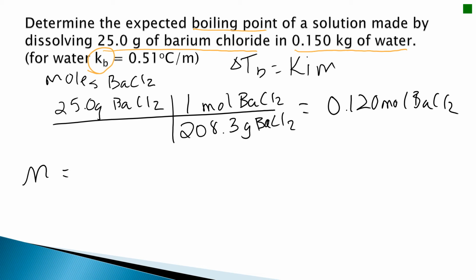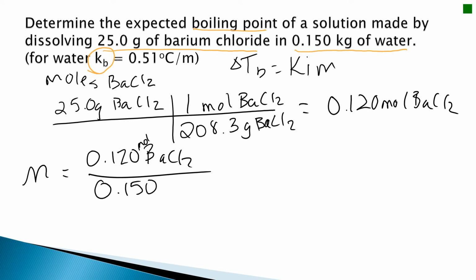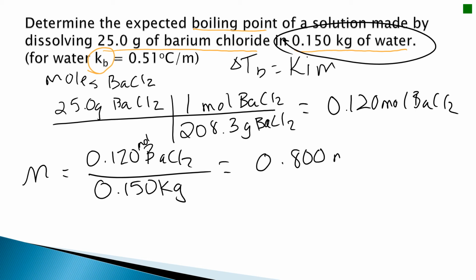Molality equals moles of solute, 0.120 moles of BaCl2, divided by kilograms of solvent, 0.150 kilograms, which was given by the water. When I get that, I get 0.800 molal.